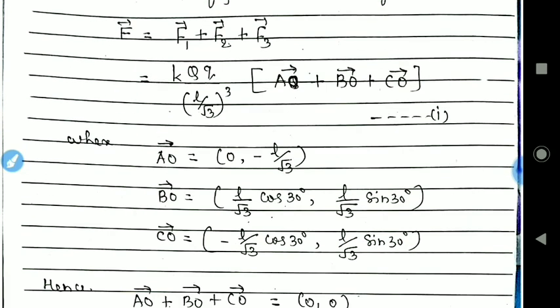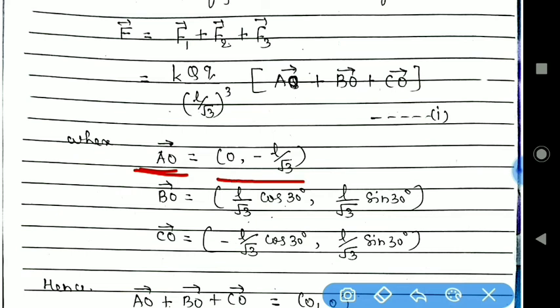Now vector AO is 0, minus L upon root 3. Now we have studied the coordinate systems, so this direction is in terms of the coordinates that you can make out from the figure. Similarly, for BO you will get these two components.